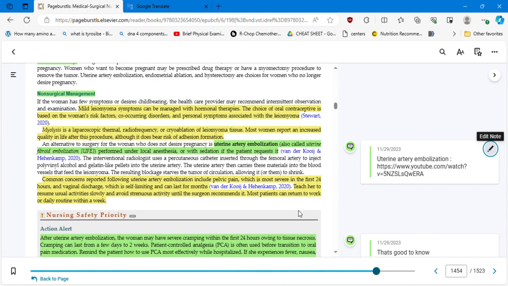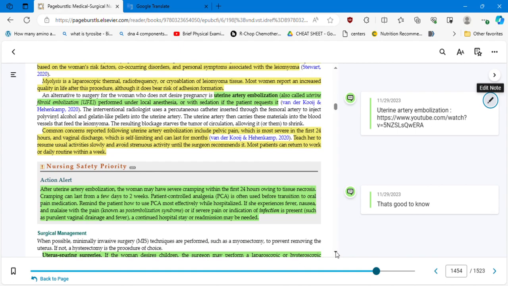Teach her to resume usual activities slowly and avoid strenuous activity until the surgeon recommends it. Most patients can return to work or daily routine within a week. Excellent. Safety, nursing safety priority.